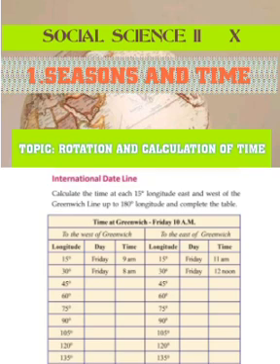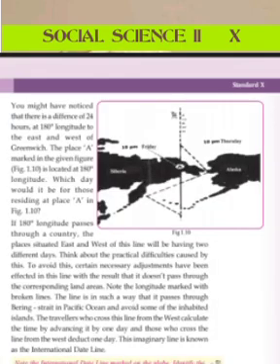The place A marked in the given figure is located at 180-degree longitude. Which day would it be for those residing at place A?